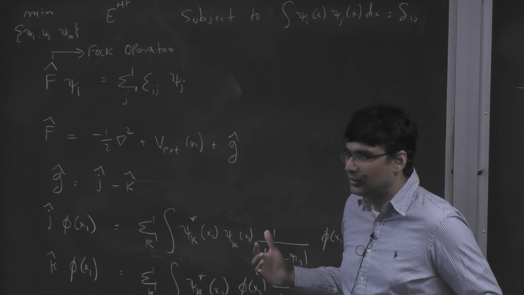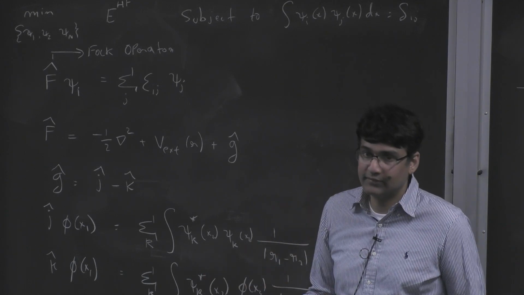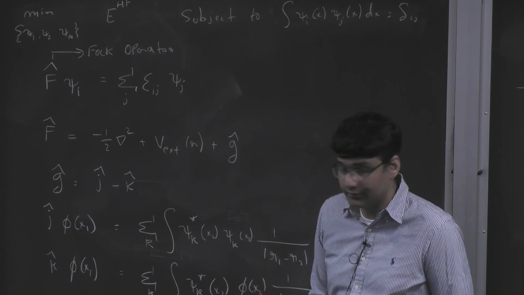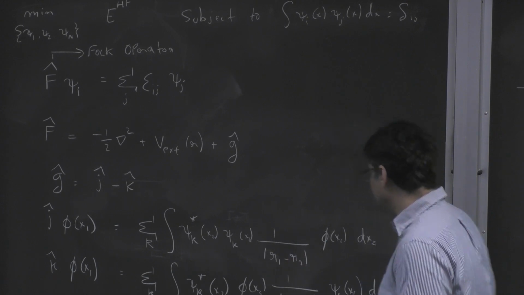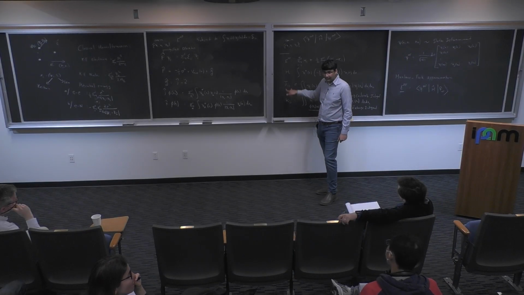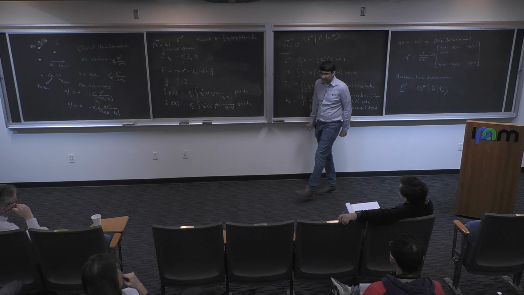Which will not be the case once you go to the density functional theory picture. And some of the errors in DFT have been significantly attributed to this self-interaction error. But this particular exchange integral, the fact that this K_II is the same as J_II, ensures that the self-interaction error perfectly cancels in the Hartree-Fock picture.